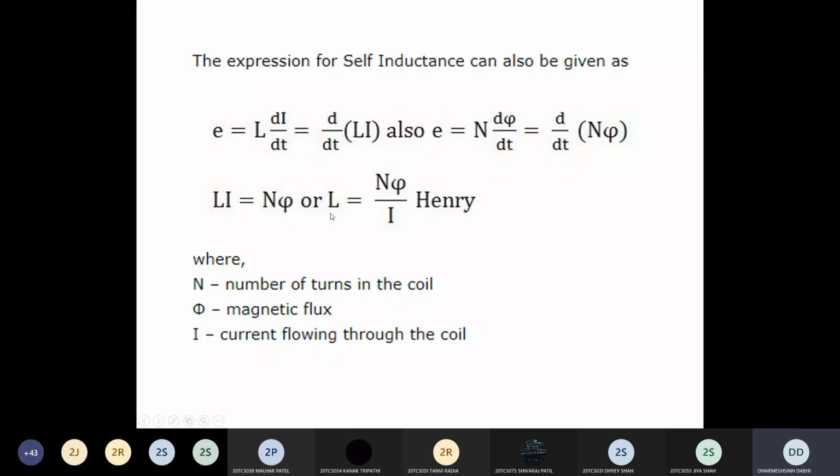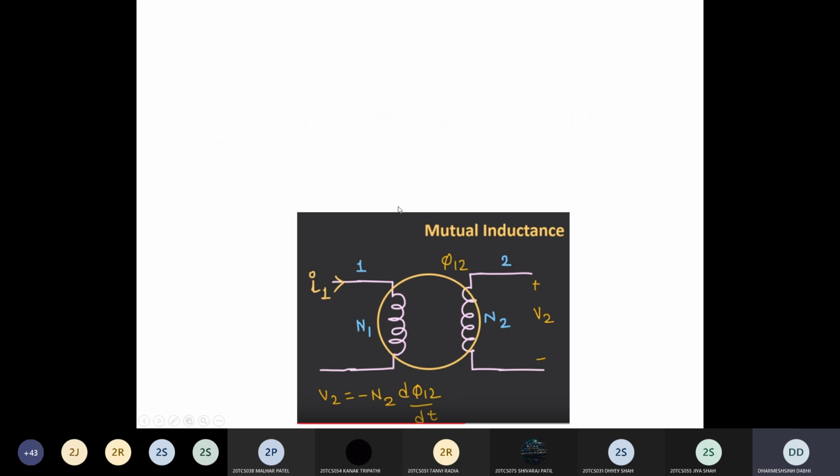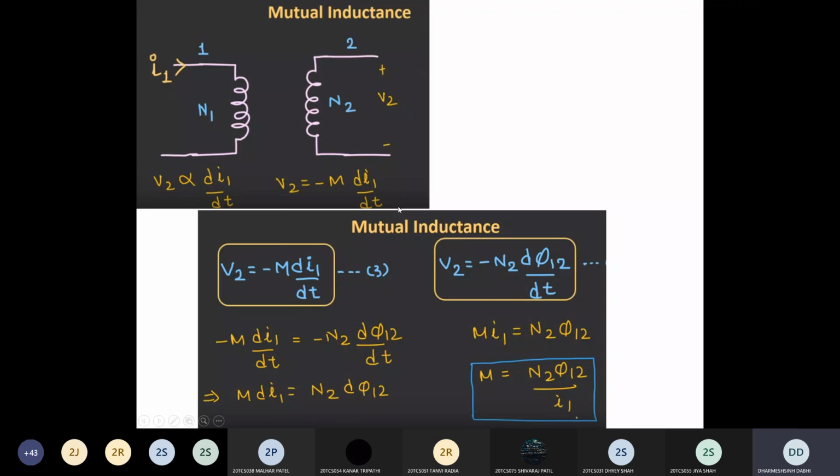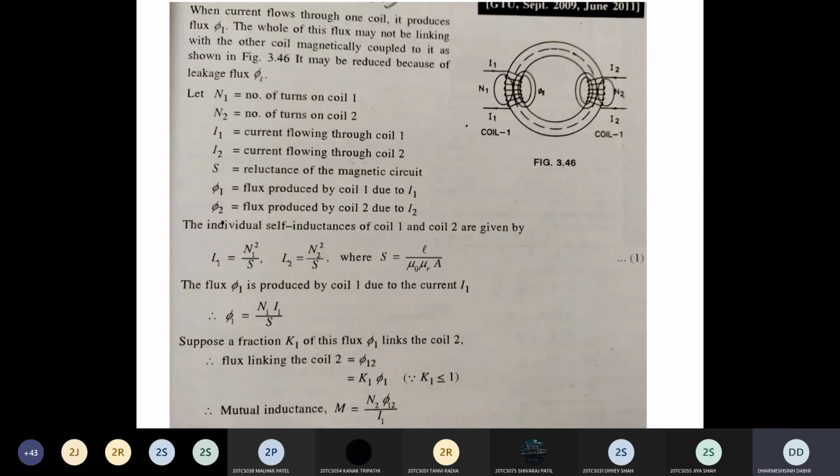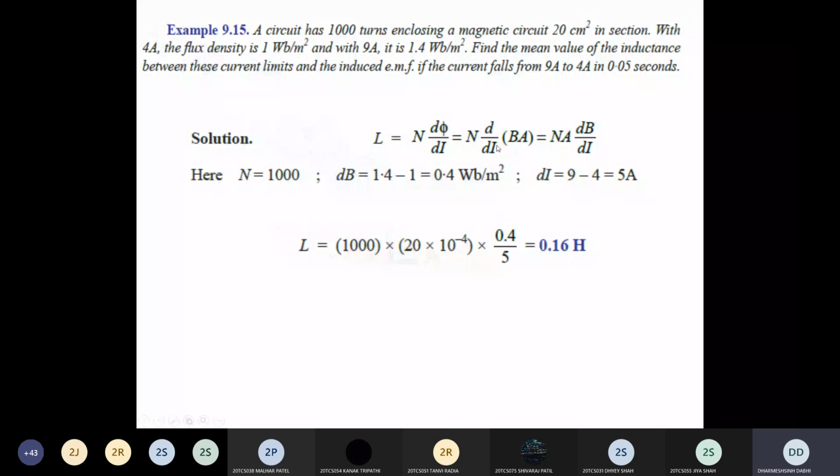So from this you can make the equation of inductance L is equal to N phi divided by I. The same equation I use here, but here the flux density is changed, so flux is also changed. So I replace phi by d phi, and the current is also changing, so replace I by di.